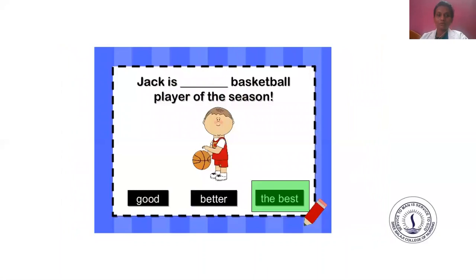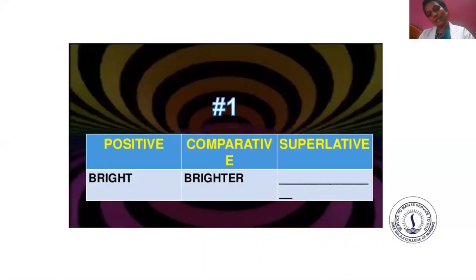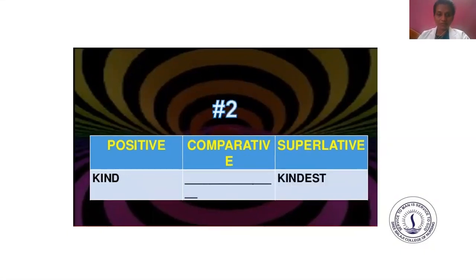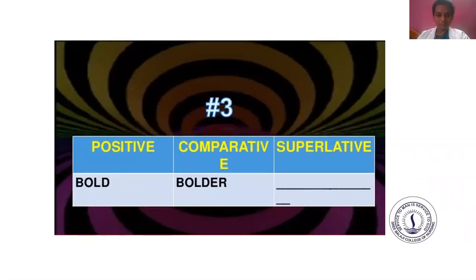So this is how you have to do the exercise. Take a word, take an adjective, and make sentences. Make sentences for positive, comparative, and superlative. Can you give me an example for this: bold, bolder, and boldest.